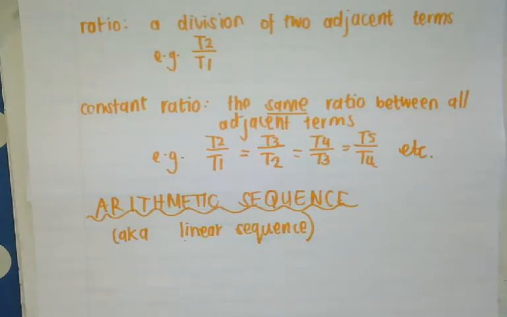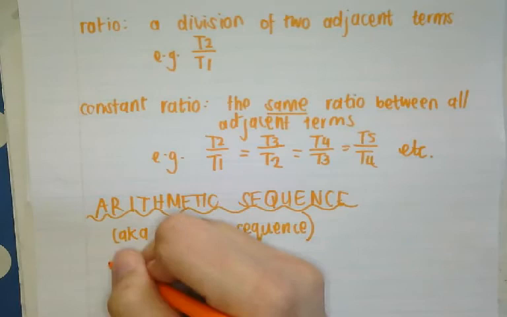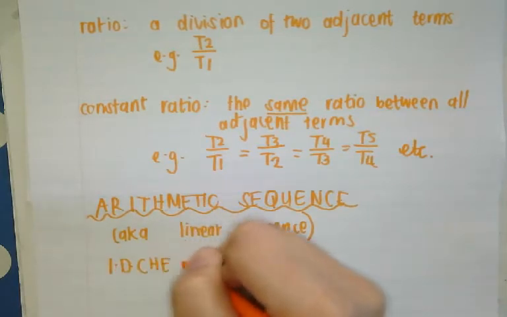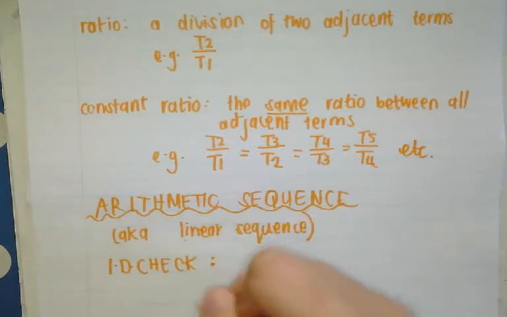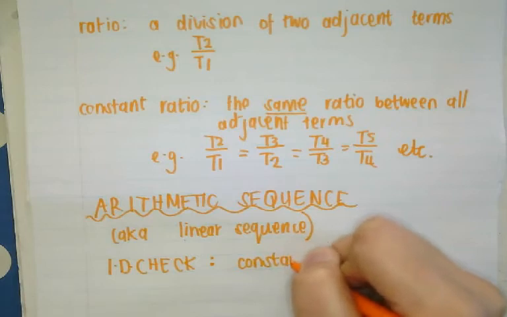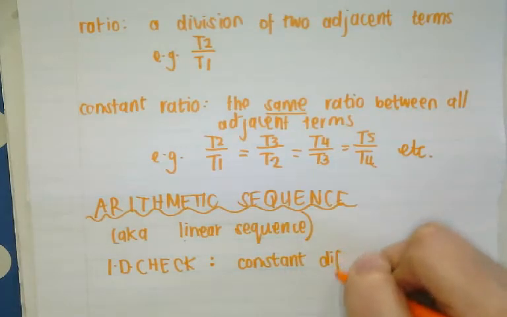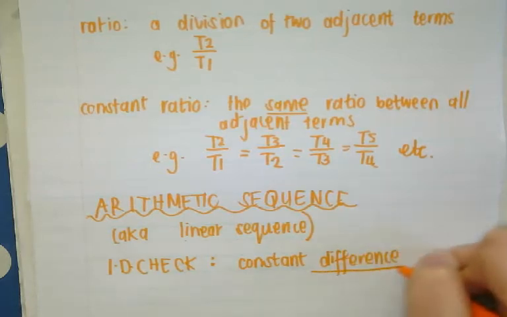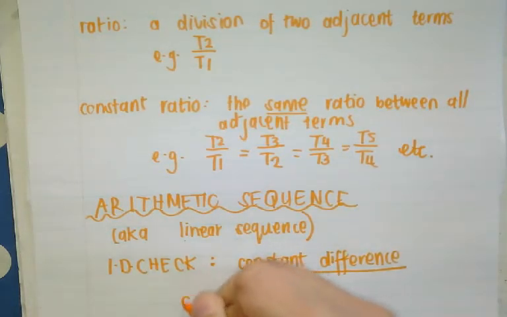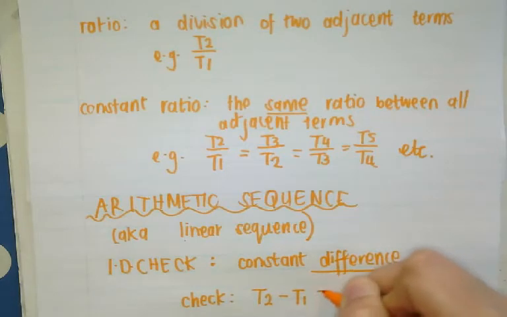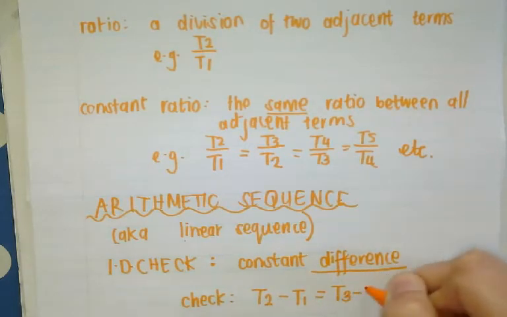How do we know that it is arithmetic? We have an identity check. We check the constant difference. So we are checking that T2 minus T1 is equal to T3 minus T2.